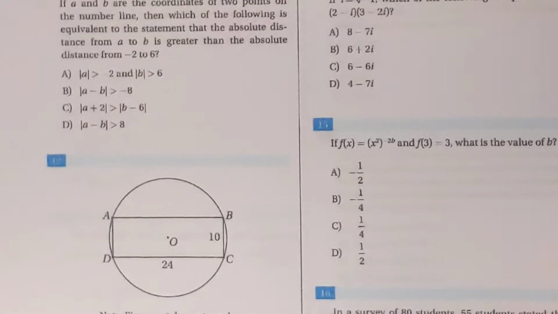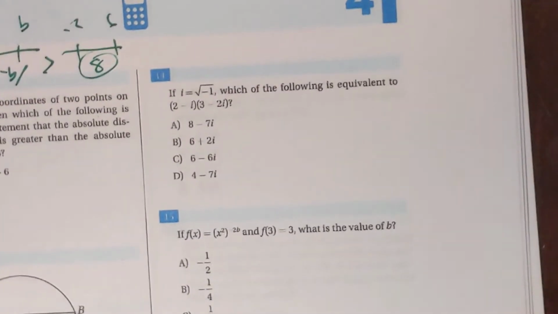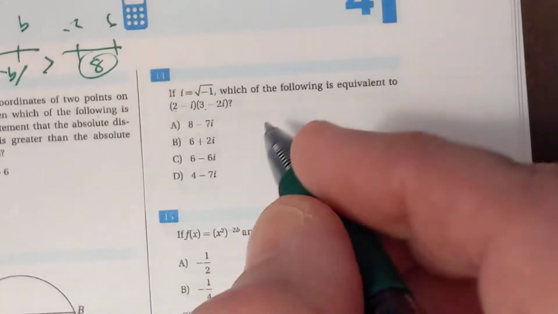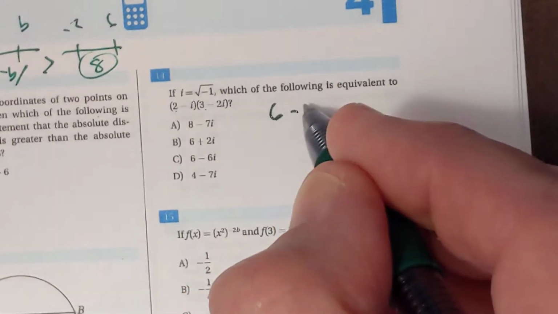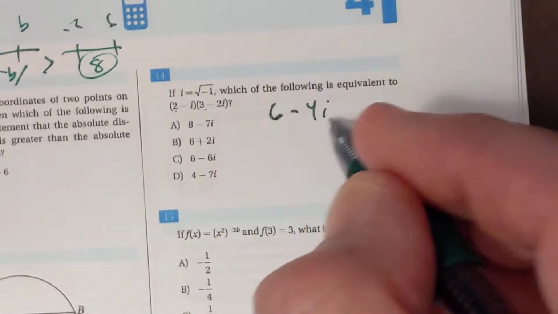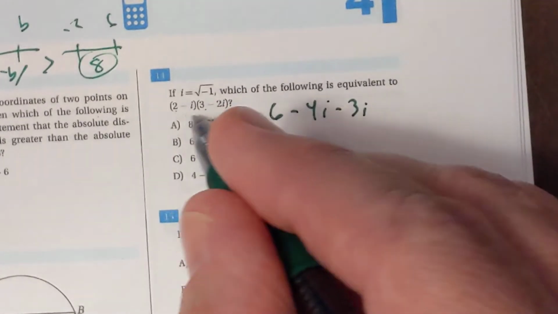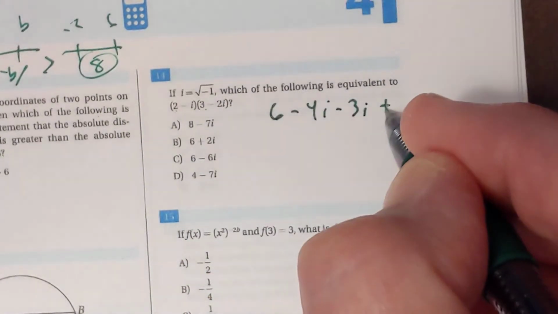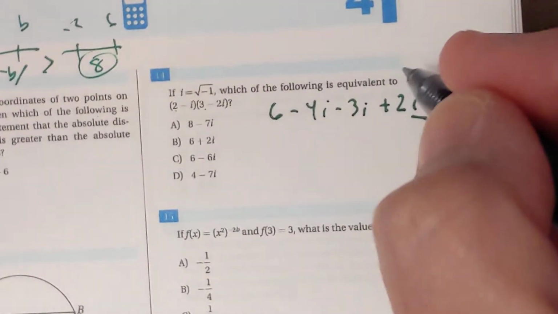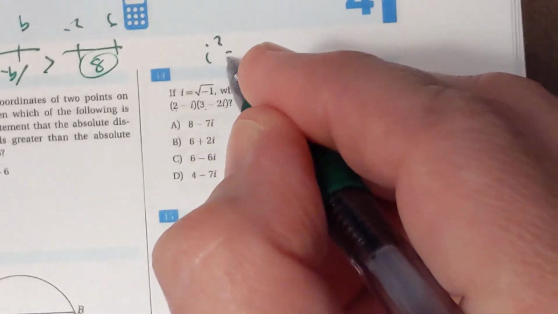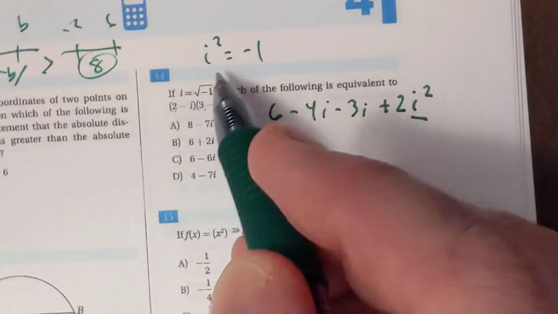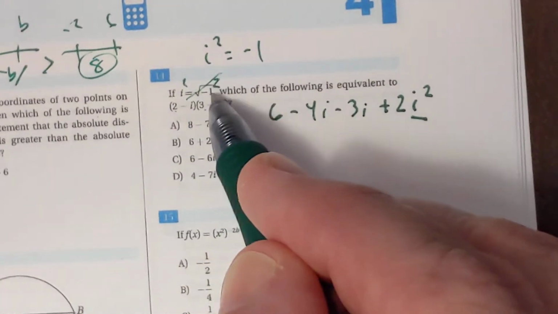The next one was number 14. So this is another i question, but all we have to do is multiply out. So 2 times 3 is 6. 2 times -2i is -4i, negative i times 3 is -3i, then negative i times -2i is plus 2i squared. So i squared, we remember, equals -1, because if you square the square root of -1, you get -1 back.